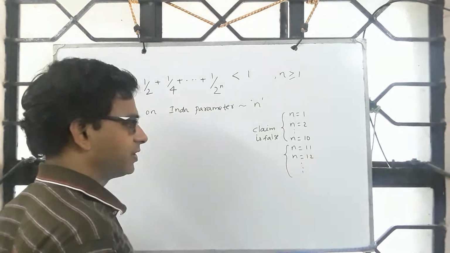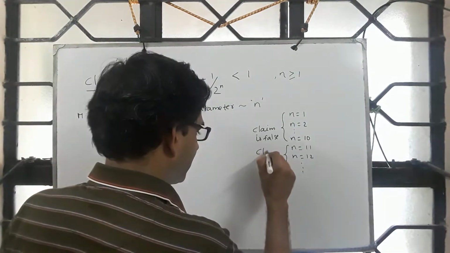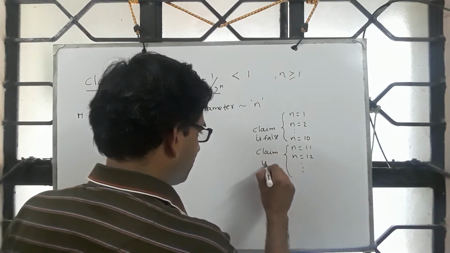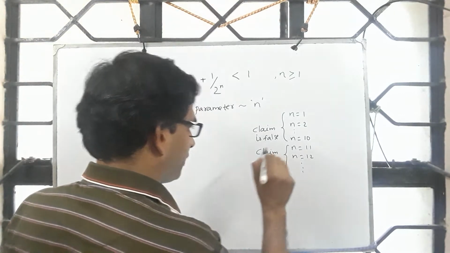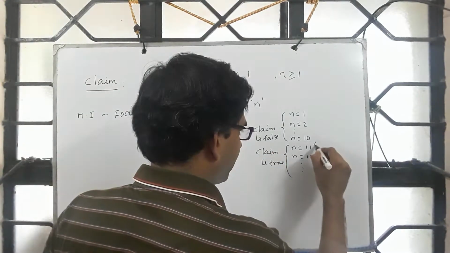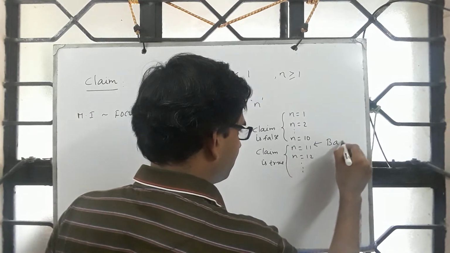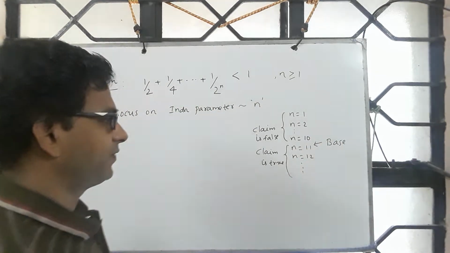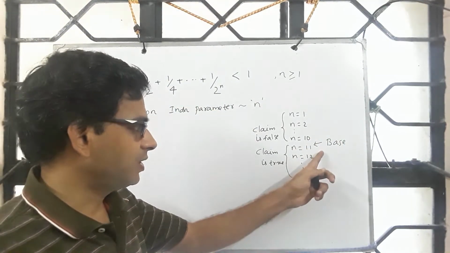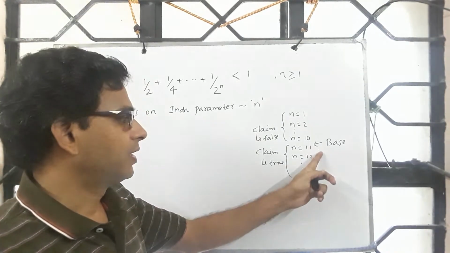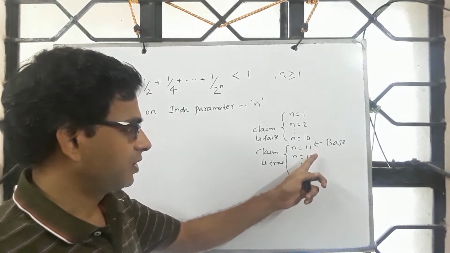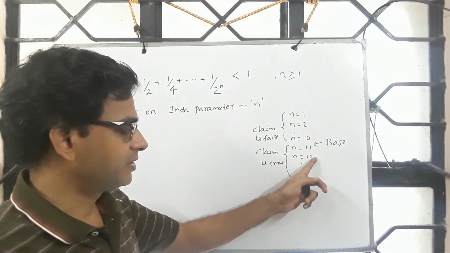From 11 onwards, it is true. And starting from this, the claim is true, which means this will be my base case. So you have to start your induction at this. Then assuming this, you prove this using the induction step.